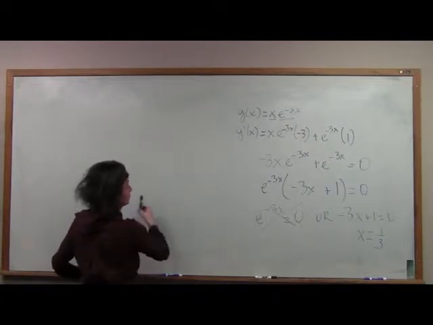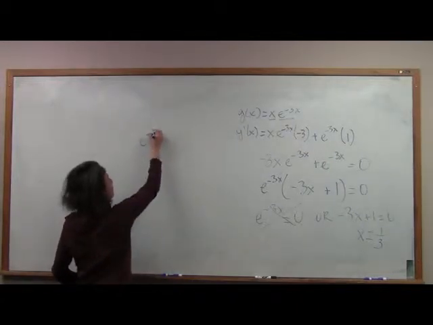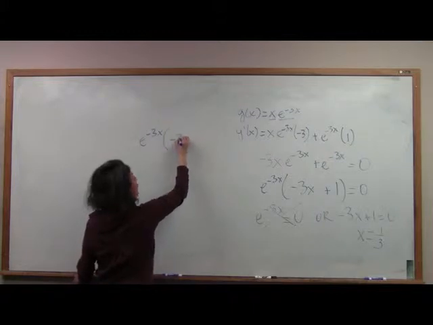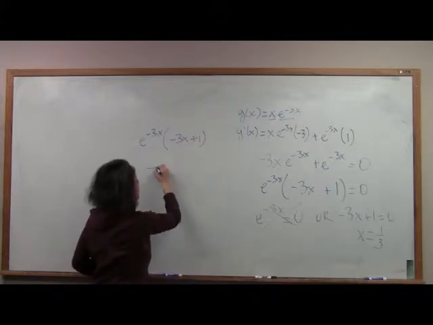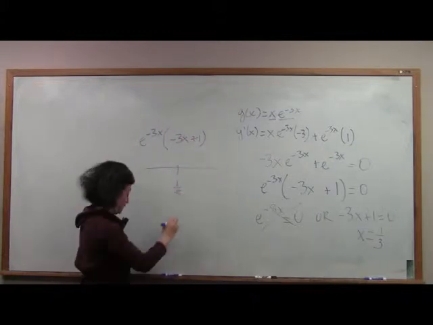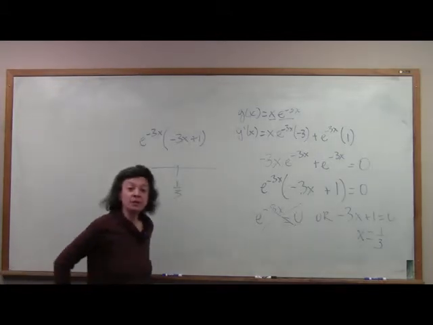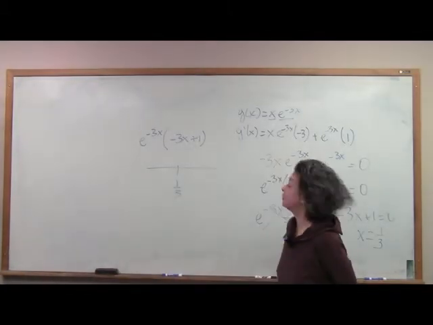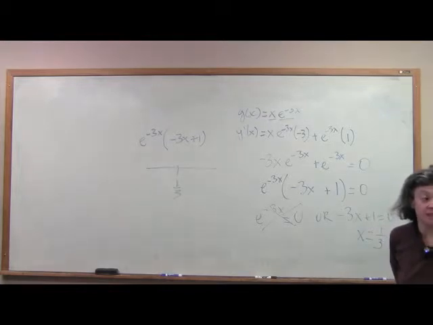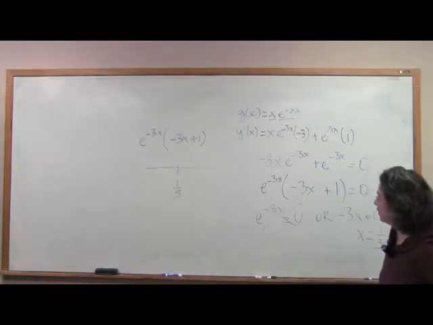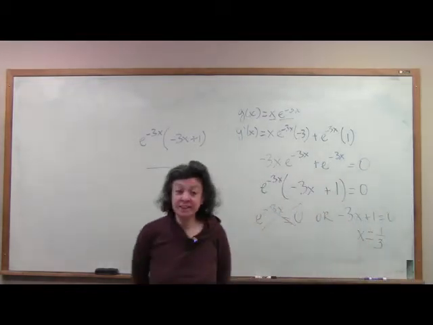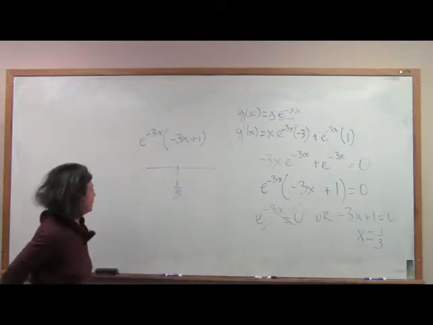Well, in order to characterize the critical point, remember I always take my factored form. You put your critical point on the number line, and then you take a test point in each interval. So, again, whenever I can test 0, I'm all about it.